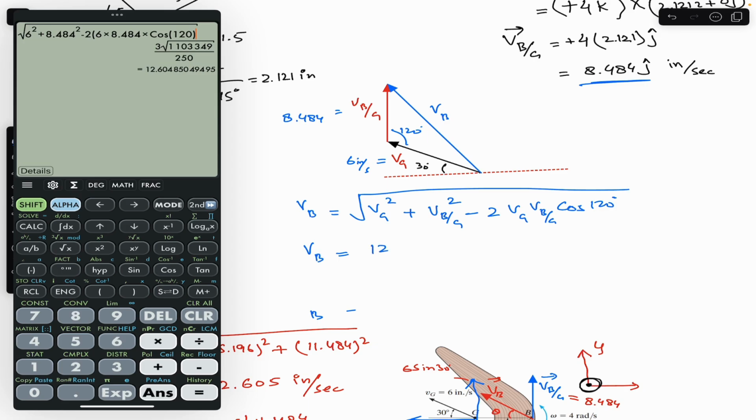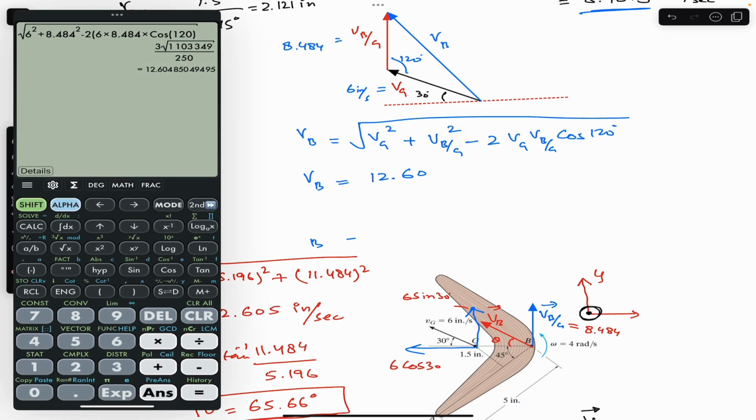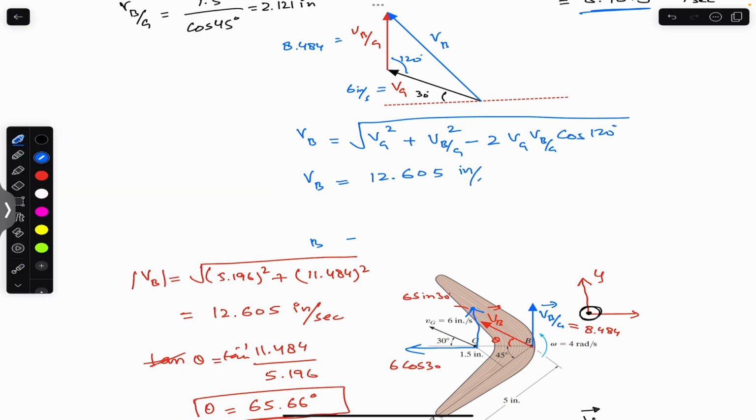So VB is 12.604, and here we get the same magnitude, 12.605 inches per second.